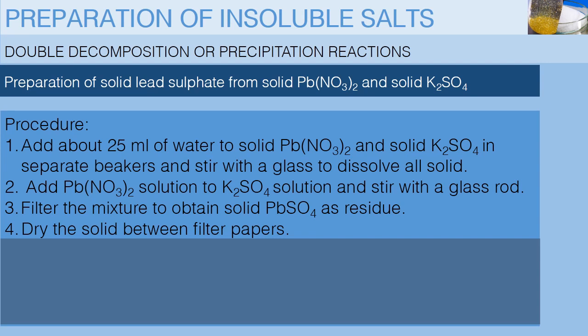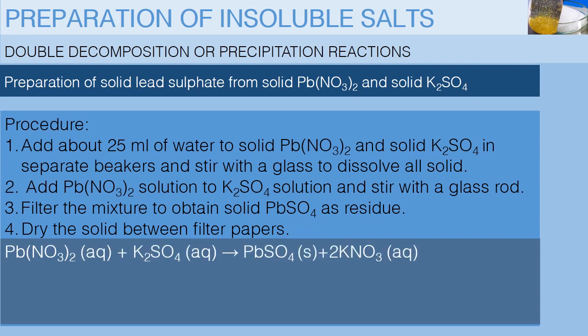Now the reason why this is called a double decomposition can be understood by looking at the equation. When you look at this equation, lead nitrate reacts with potassium sulfate, and something interesting occurs. The metals exchange the radicals.